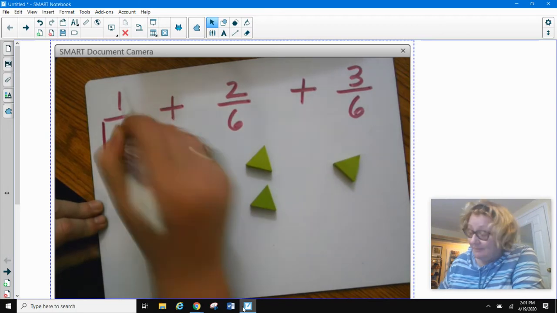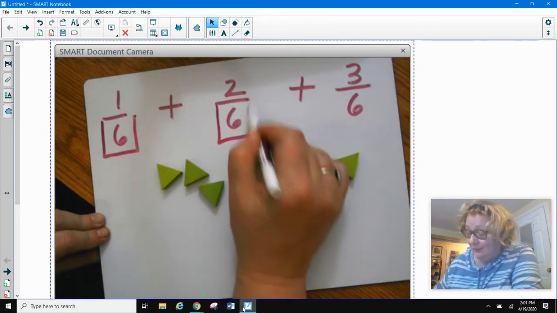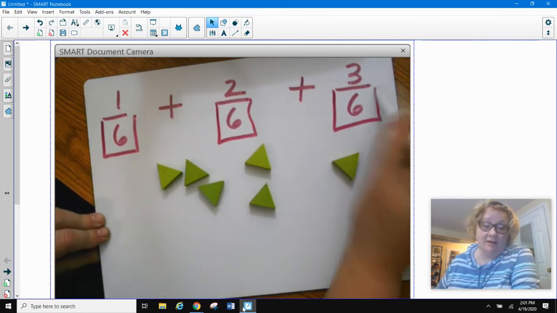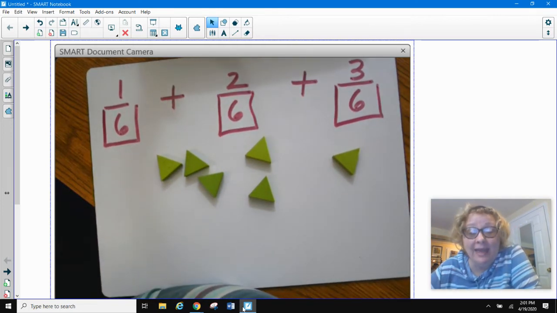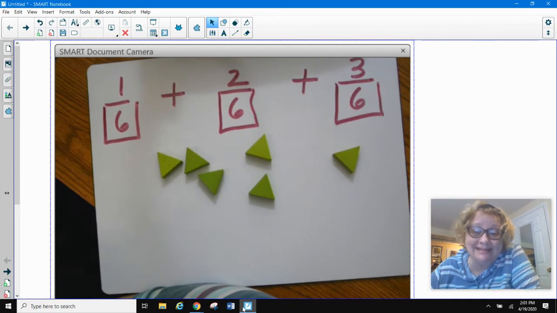The denominator is basically telling you what your building blocks are, what size you're working with, okay? If you have the same denominators, adding fractions is very easy, okay? Because you're adding the same size pieces together.